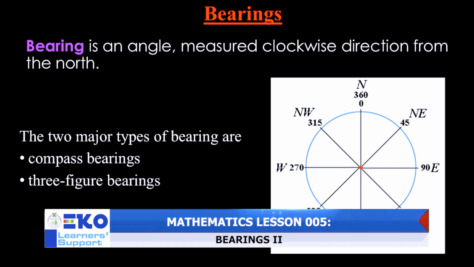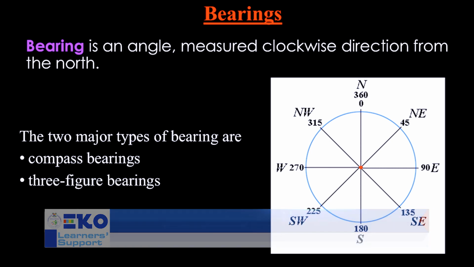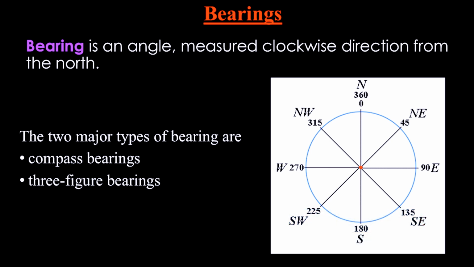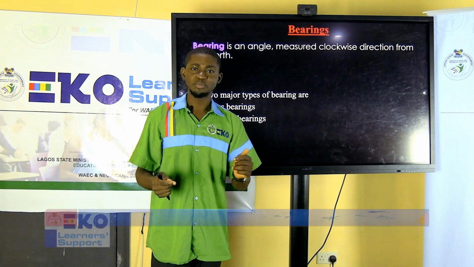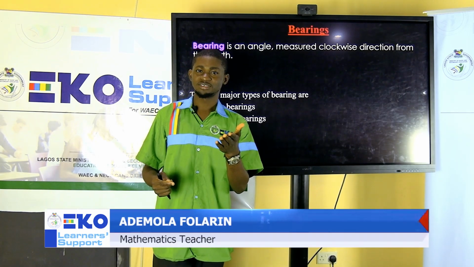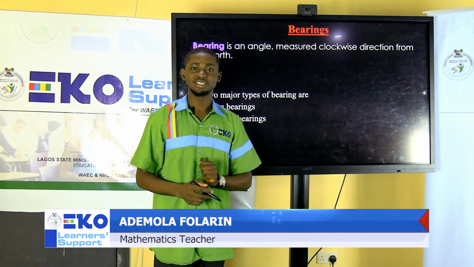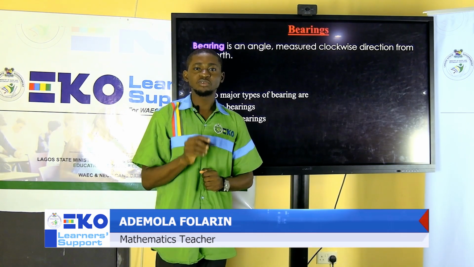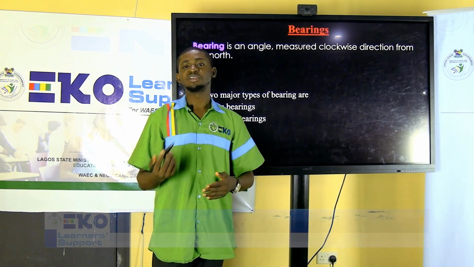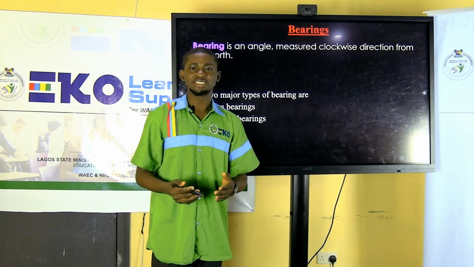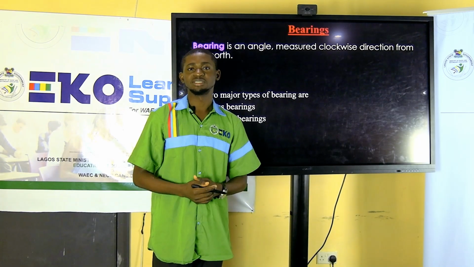So any form of bearing reading that you see that is having cardinal alongside the figure, that is compass bearing. Example, give us one. Yes, that means you've been following the class from the beginning. So when you have north 55 degree east, that is compass bearing.